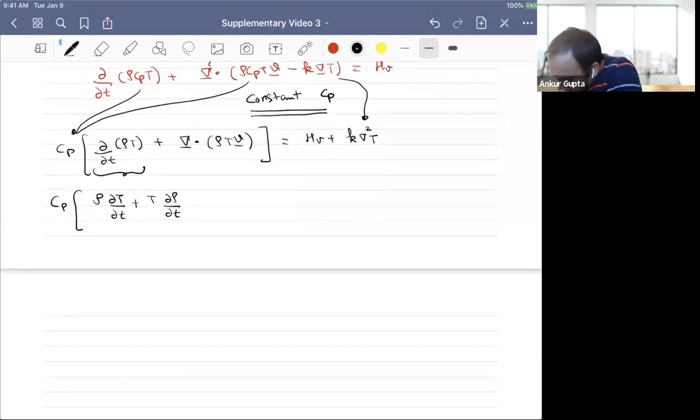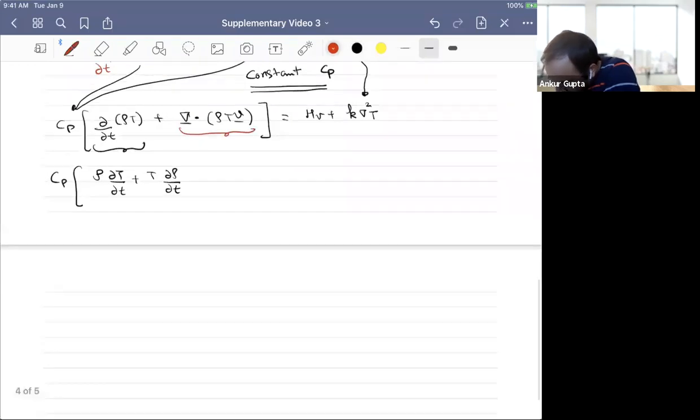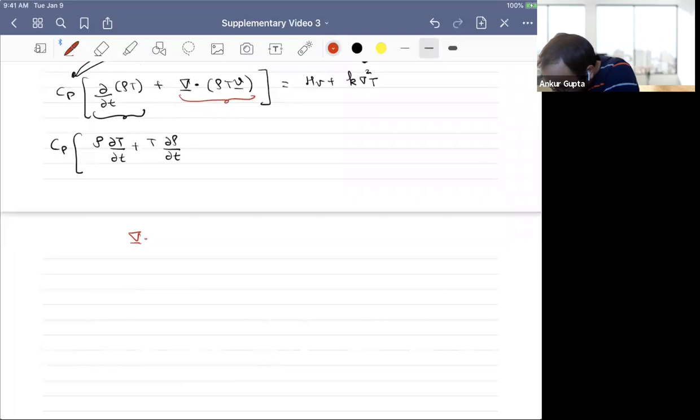And you can see that there is a rho V vector here, right? Let me just write this more clearly here. So I want to apply del dot rho TV here, right?